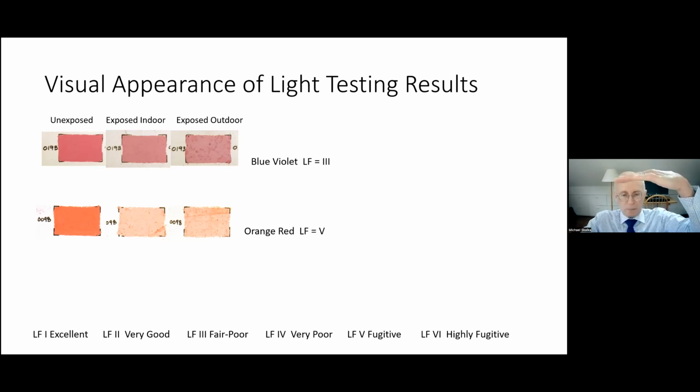They were 7 or 8 inches wide, and 4 or 5 inches tall or so, so that we could share these with others and not reveal the names of the manufacturers. Because the idea wasn't in the round robin to shame anyone. The idea was purely to see how the test works and what some of the problems were that we faced.